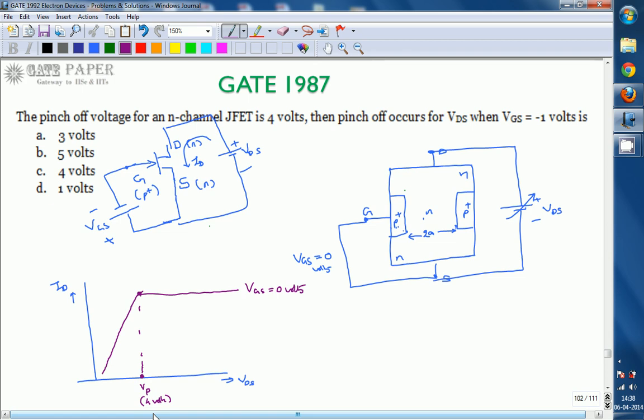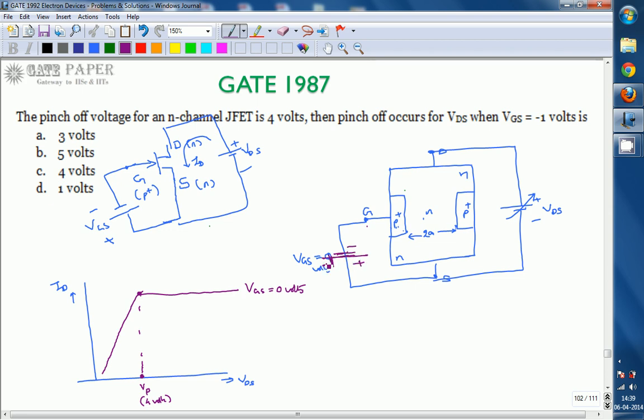Now if VGS increases negatively, say VGS is equal to minus 1 volt, what happens? We are applying a voltage of minus 1 volt, VGS of minus 1 volt.